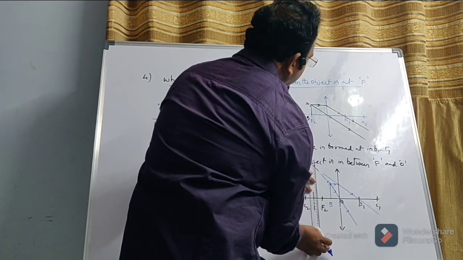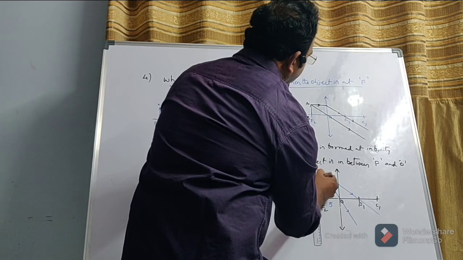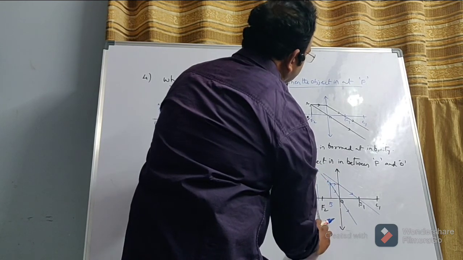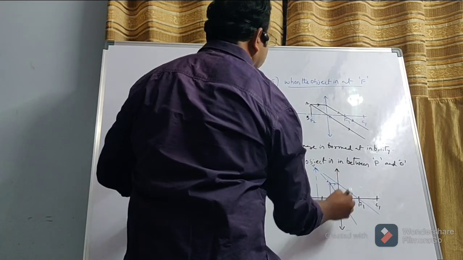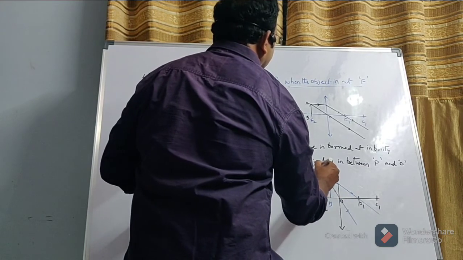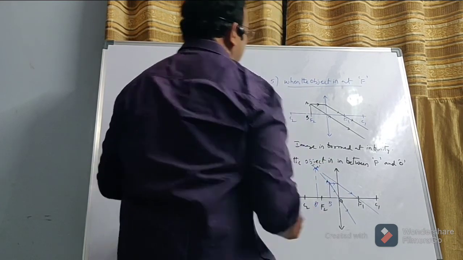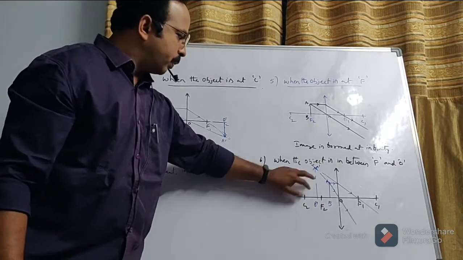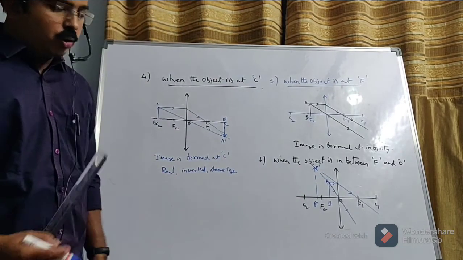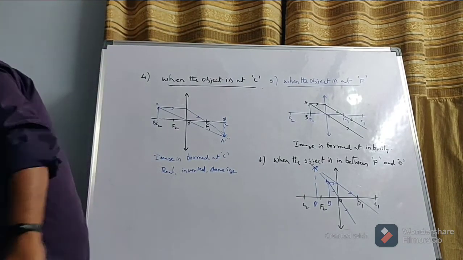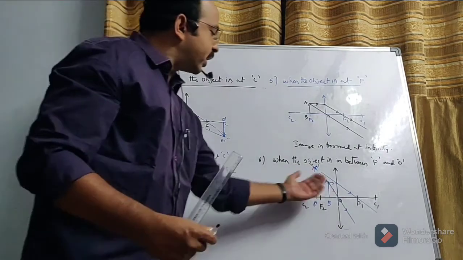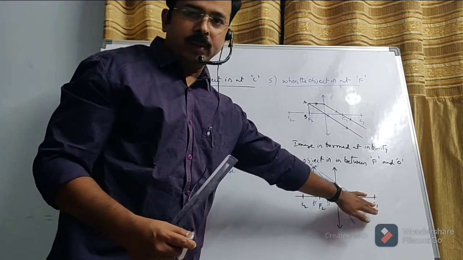So the image is formed on the same side of the lens. That is A dash and B dash. In this context, you remember that the image is formed on the same side, not on the other side.